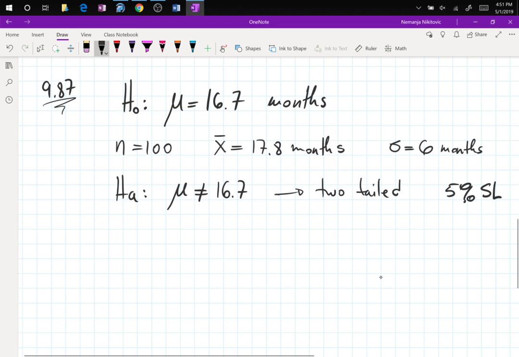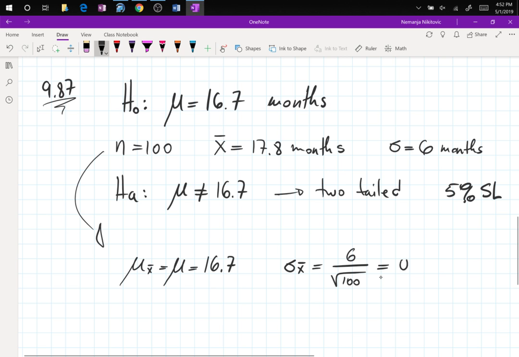So I'm going to use this information to calculate my test statistic. The mu x bar is the same as the mu, which is 16.7, and the sigma x bar, the standard deviation for our sample mean, is the standard deviation of 6 divided by the square root of 100, which is 0.6.